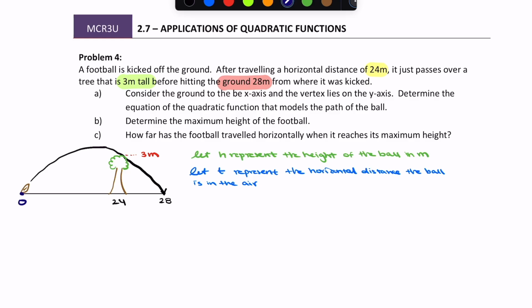And so here, if we create our equation, we know that our two x-intercepts, one is at 0 and one is at 28. So here we can write, we don't know our a value, but we can rewrite it as d, which makes a little bit more sense. So here we'll have a times d minus 0 and d minus 28.